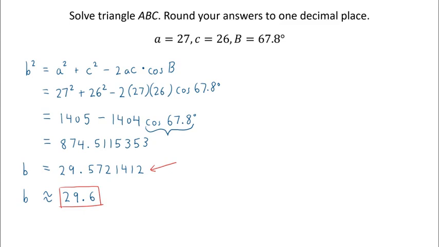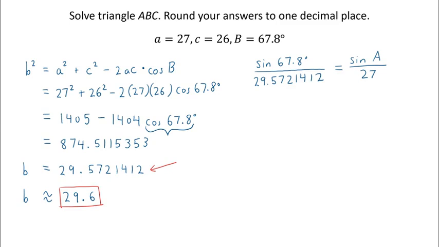I'm going to plug that 7 decimal place number into the law of sines to see if we can find the measure of angle A. Using the law of sines, we'll get the sine of angle B, which is 67.8 degrees, over the length of side B is equal to the sine of A over 27.